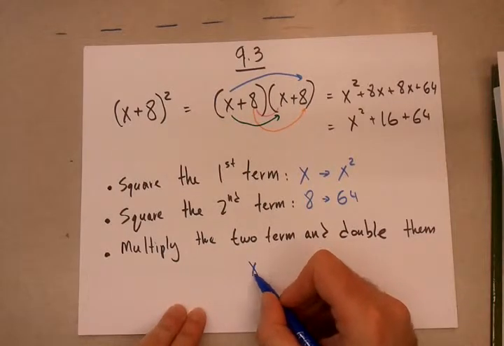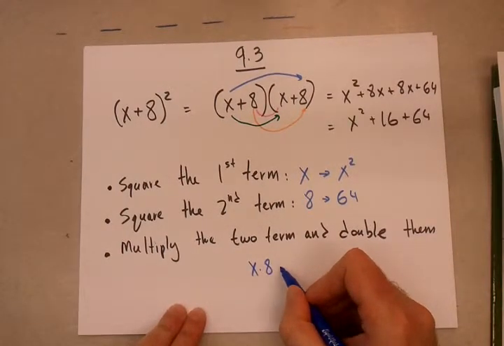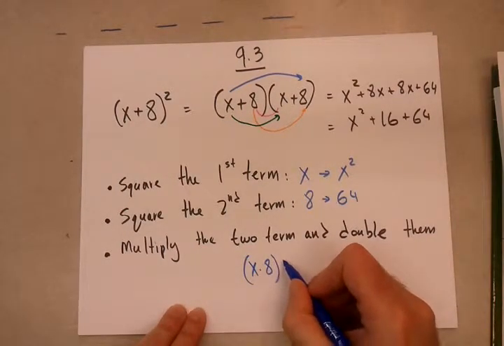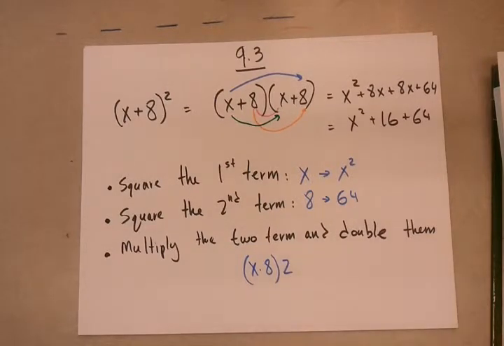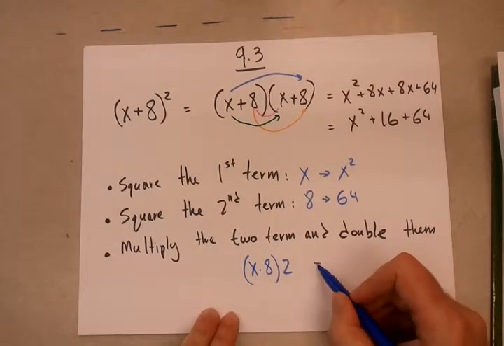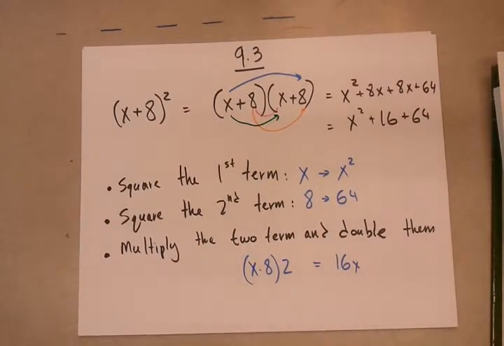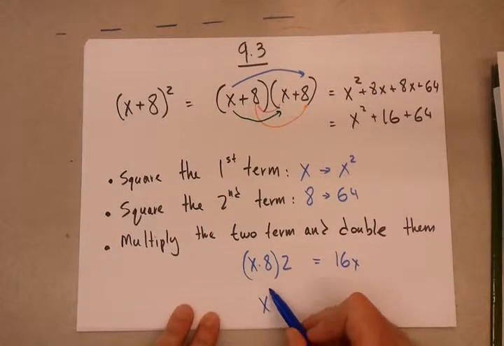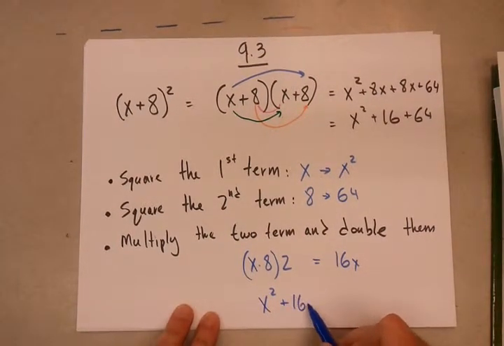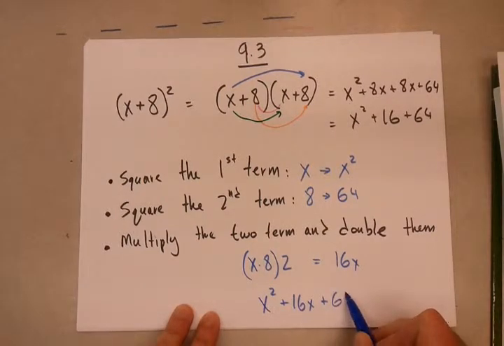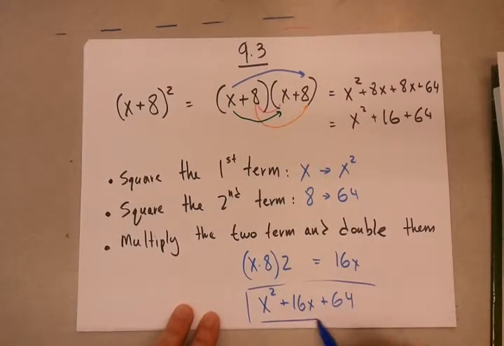So multiply x and 8 and then double it, which means multiply everything by a 2, which gives you 16x. And then put the 3 resulting terms in standard form, which means highest degree monomial goes first, lowest degree goes last. So x squared plus 16x plus 64, and that's the answer.